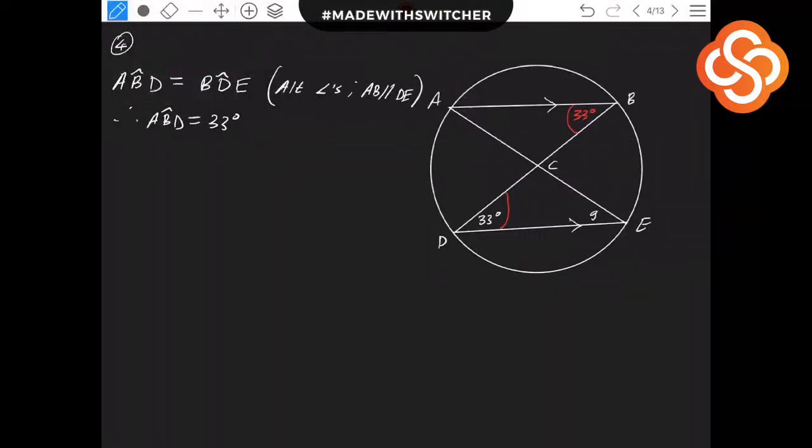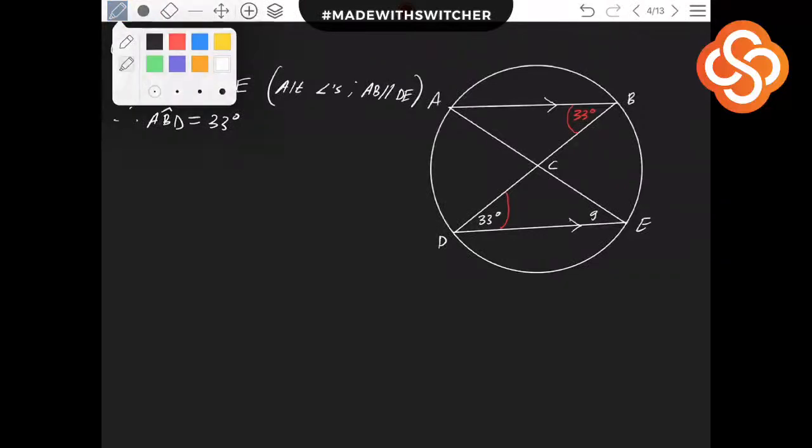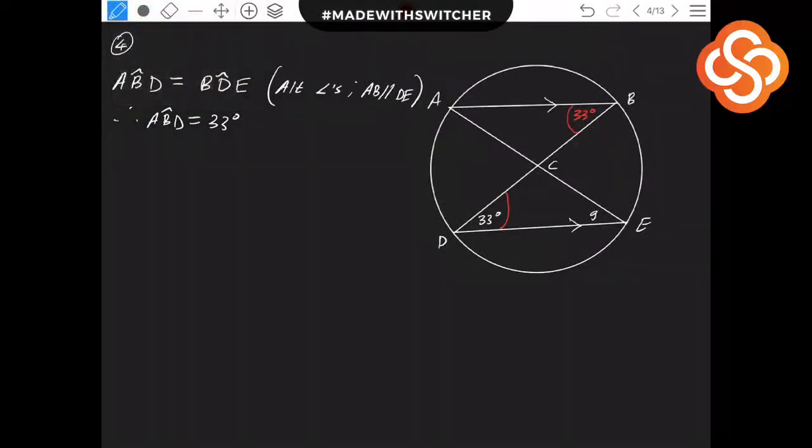Okay, so now we have this information. There's another theorem that says that if two angles are subtended from the same chord or the same arc, those angles are equal. So now allow me to draw this line.